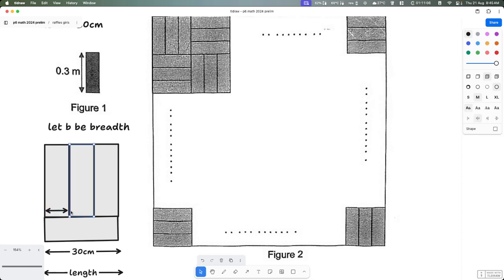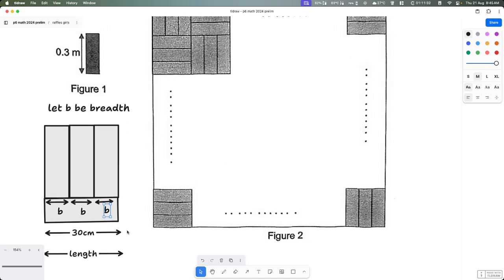Never mind, I think they are just at the back. But essentially you have three breadths. So one, two, and three. All of these are B, B, B. So three breadths is equal to one length.